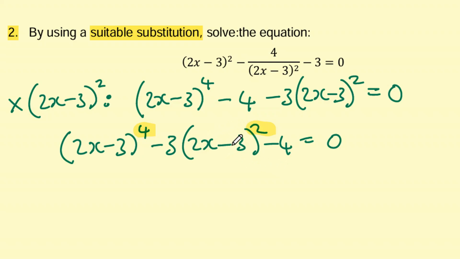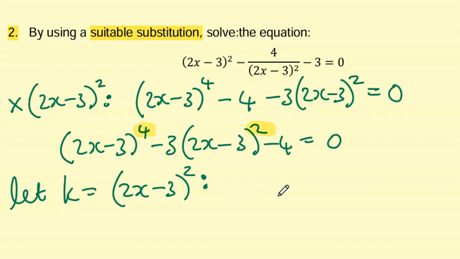We're going to make 2x minus 3 all squared equal to k. So let k equal 2x minus 3 all squared. So then on the left hand side here, 2x minus 3 to the power 4 will equal k squared. So k squared minus 3, and 2x minus 3 all squared is k, so minus 3k minus 4 equals 0.